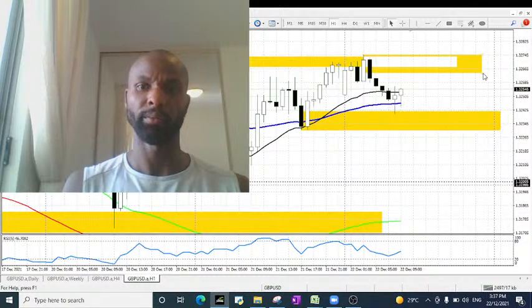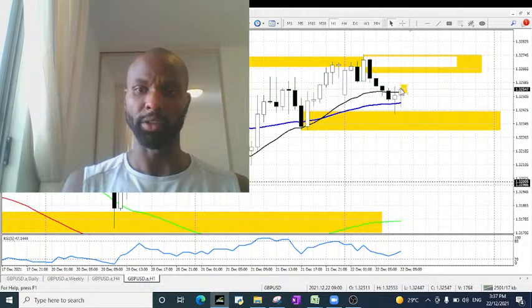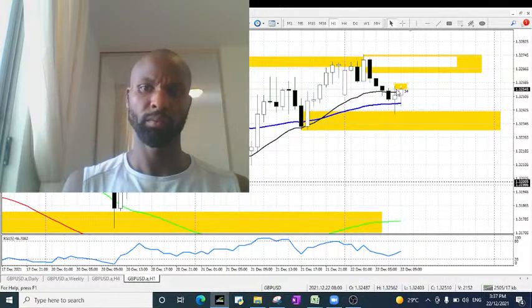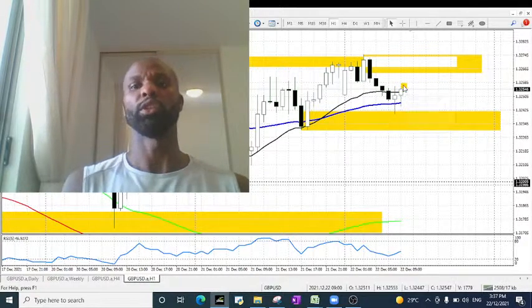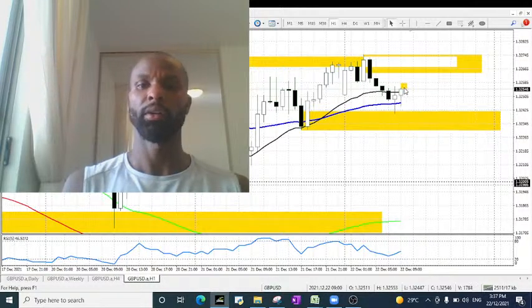So if this candle closes bullish, preferably like this, I'll be taking long, hoping to hit this zone right here. It will be a quick in and out.